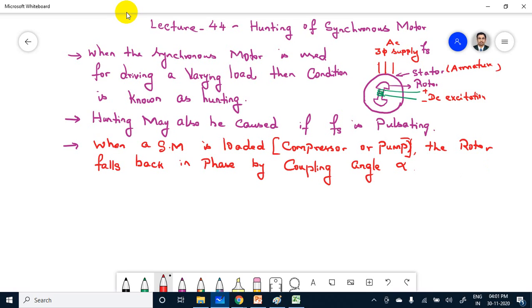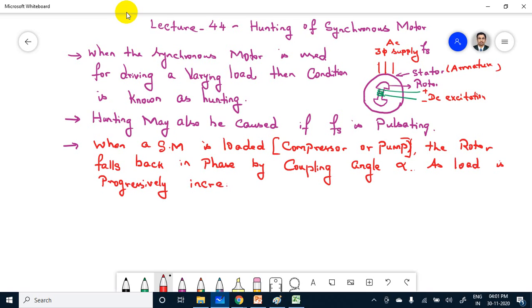Now what happens as the load is progressively increased?